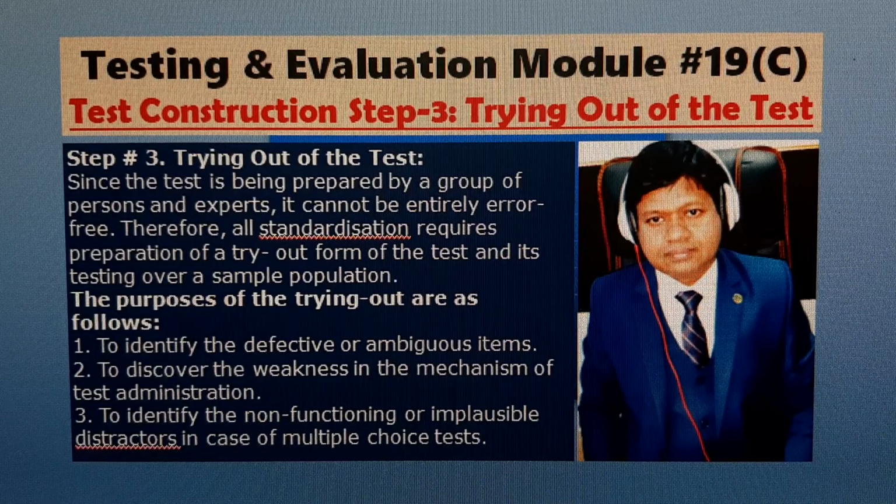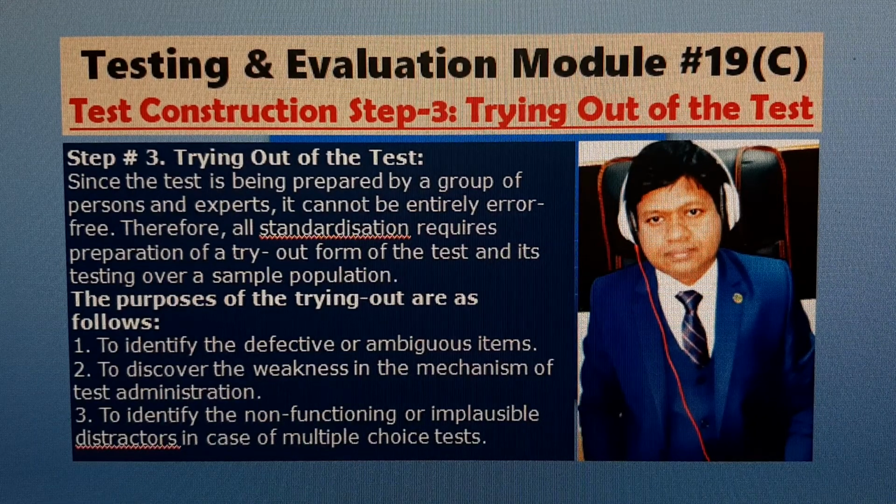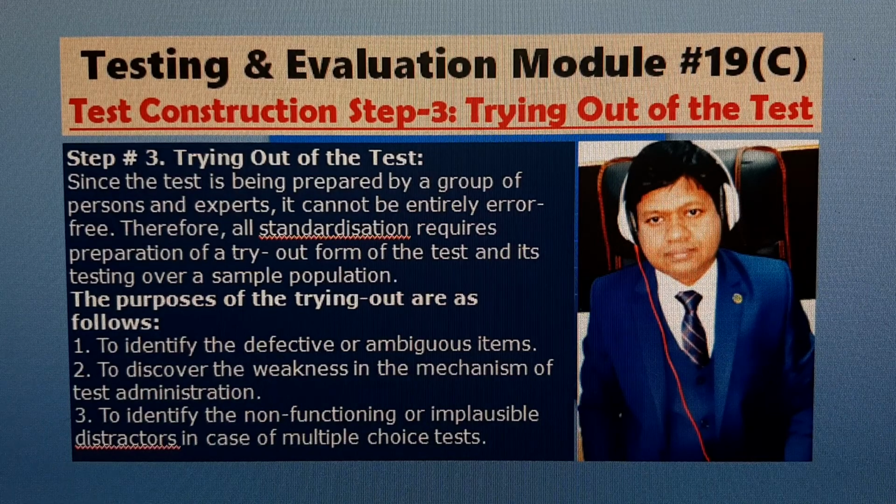Number 5. To provide data for determining the discriminating value of the items. Number 6. To determine the number of items to be included in the final form of the test. Number 7. To determine the time limit for the final form. The main purpose of trying out is to select the good items and reject the poor items.